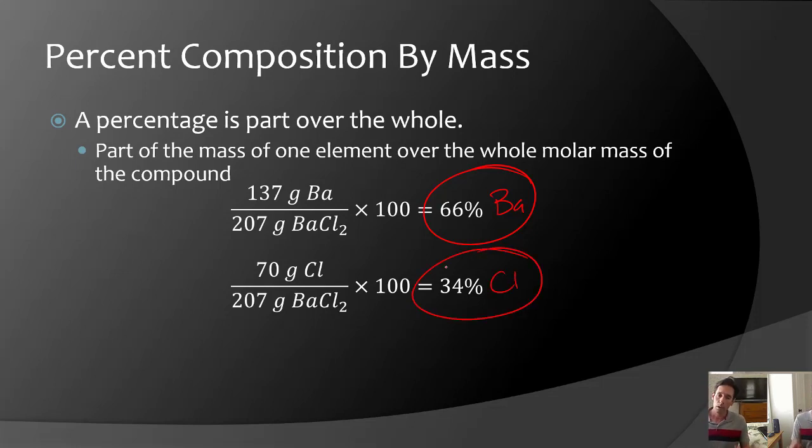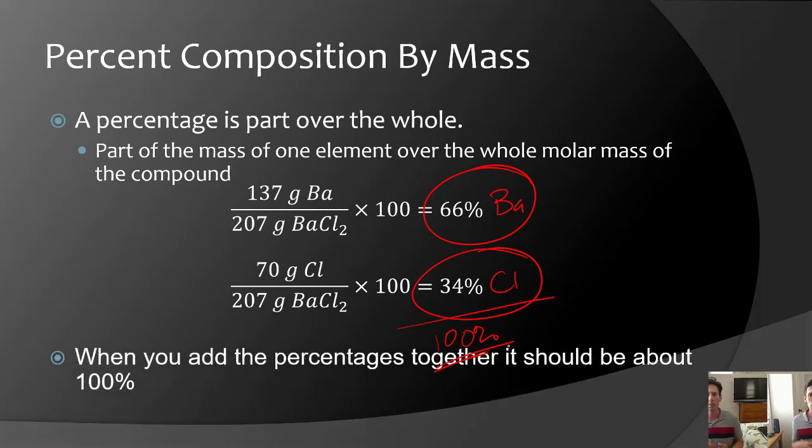Now, if everything works out according to plan, when I add these up, it should add up to 100%, and for this one, it does. You might end up with something like 99.9% or 101% or 100.1%. All of those are good.